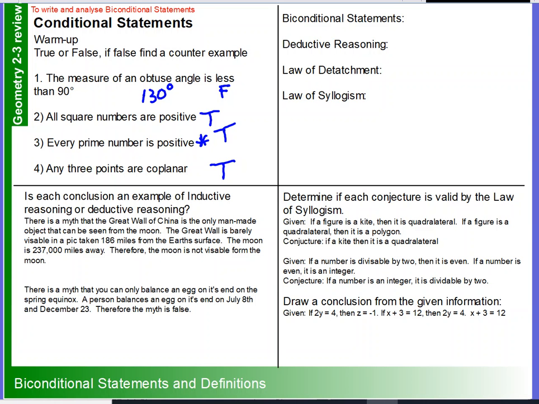Is that inductive or deductive reasoning? Was there an experiment that was performed? Did we actually flush some toilets?